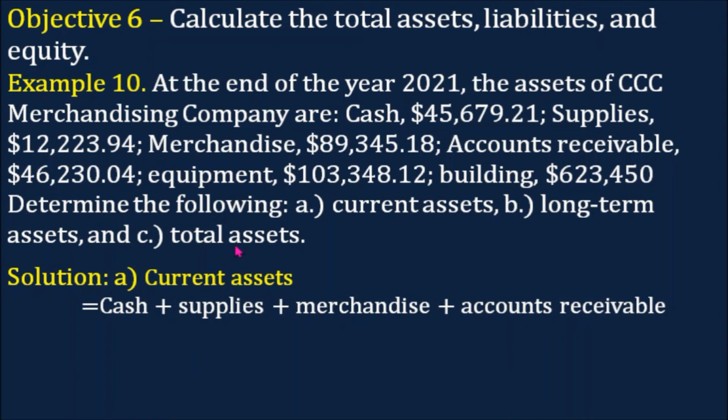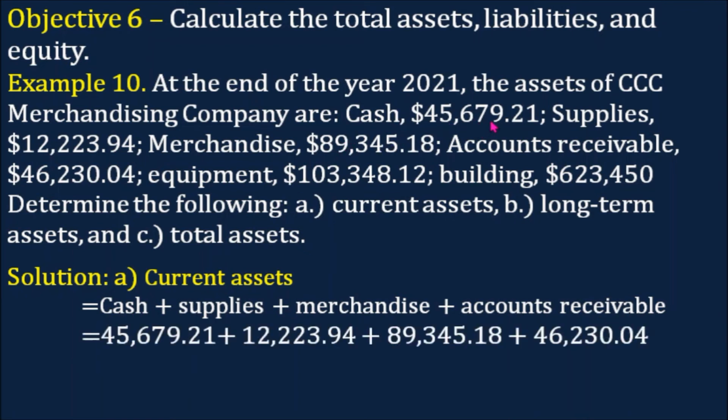So the amount for cash is 45,679.21 plus supplies 12,223.94 plus merchandise, that's 89,345.18, then plus accounts receivable, that's 46,230.04. The sum of these four amounts is 193,478.37. So this is the current assets.